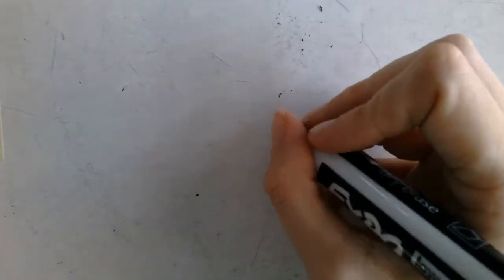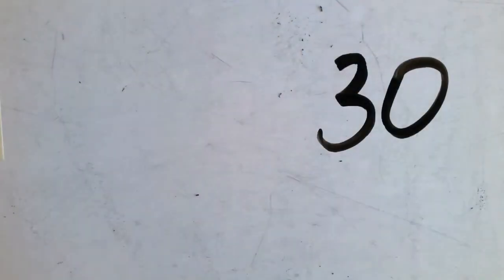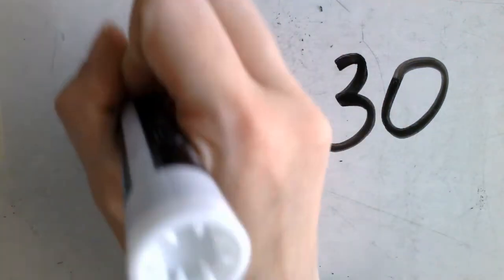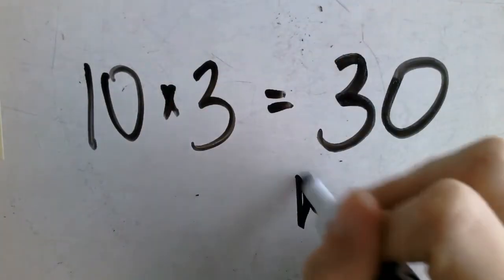Let's do a few more. Now, these are not practice anymore. If I wrote 30 on my board, what multiple of 10 would give me 30? It has to be multiplied by 10. Did you write 10 times 3 gives us 30?